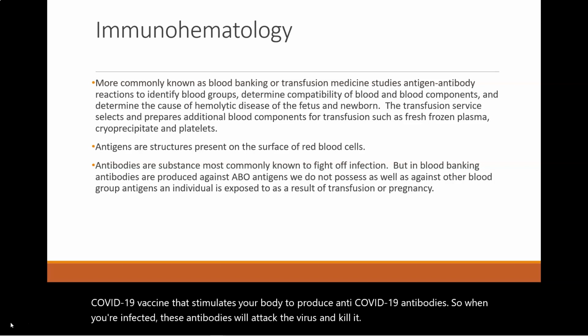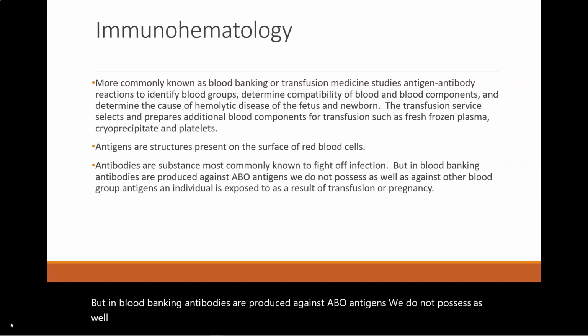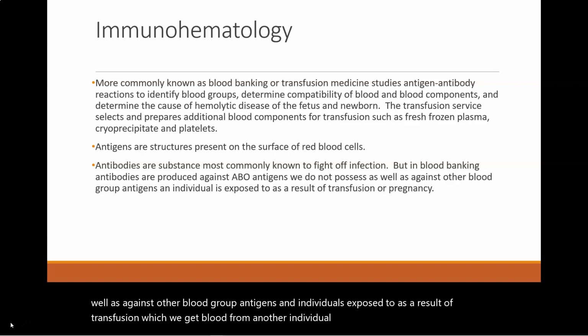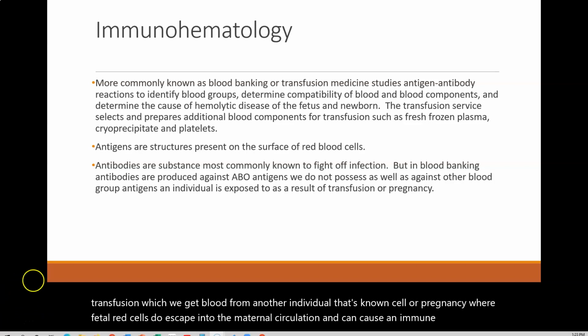But in blood banking, antibodies are produced against ABO antigens we do not possess, as well as against other blood group antigens an individual is exposed to as a result of transfusion, where we get blood from another individual, which is non-self, or pregnancy, where fetal red cells do escape into the maternal circulation and can cause an immune response by her.